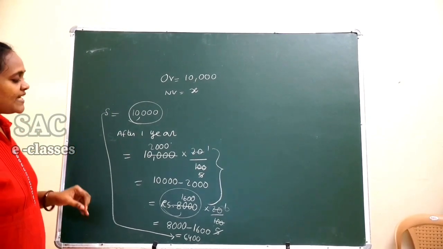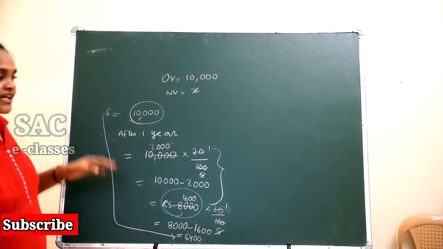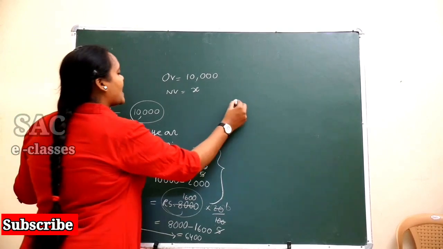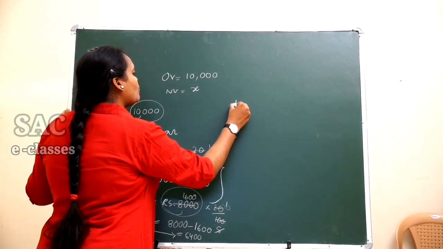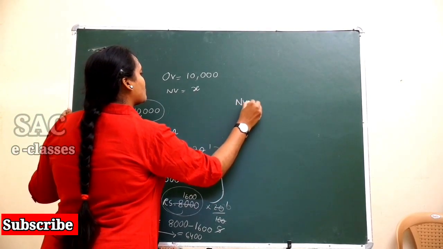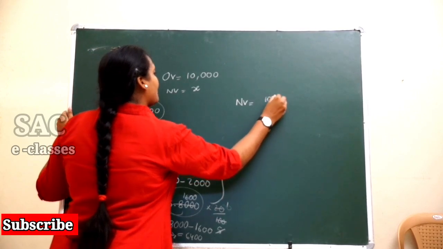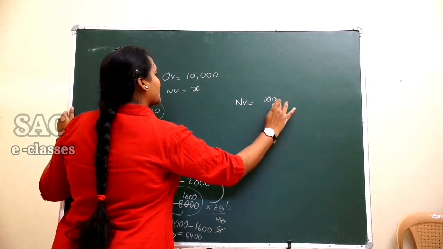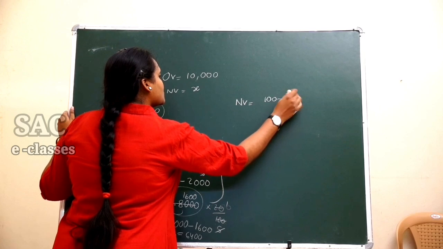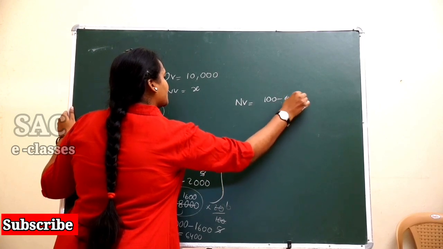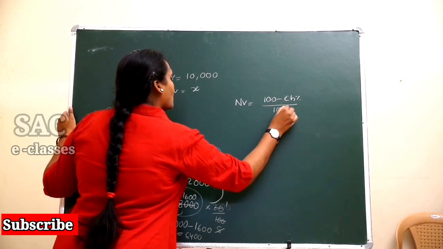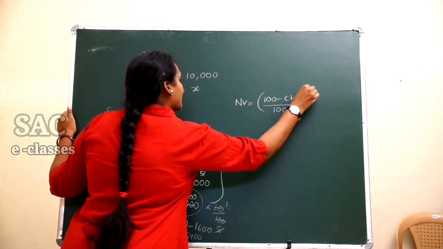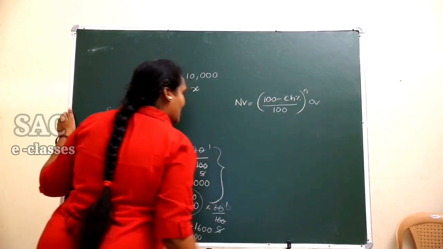But now in what way can we do it? Let us use our identity. New value is equal to 100 plus or minus change percentage by 100, whole power n into original value.